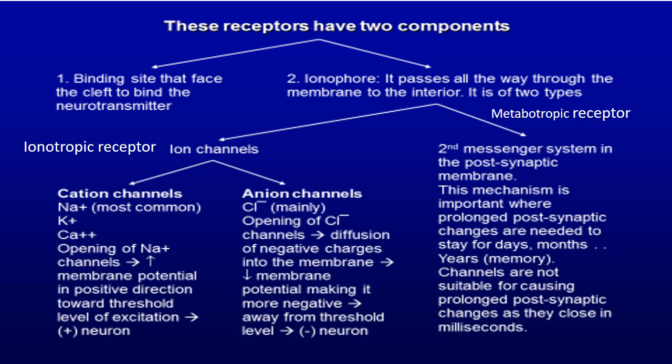You will study memory in detail, in which you will see that structural changes are required, and these structural changes are produced by metabotropic receptors through the formation of new proteins and structural changes in the neuron, and they actually help in the formation of new memory tracts.